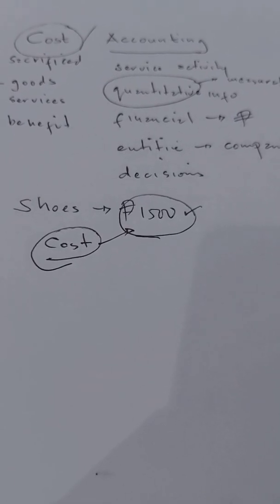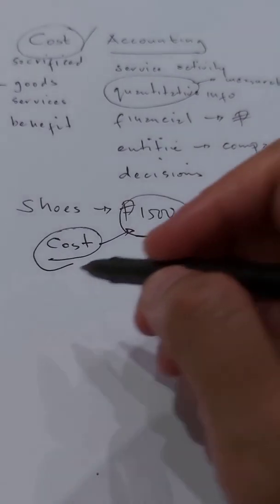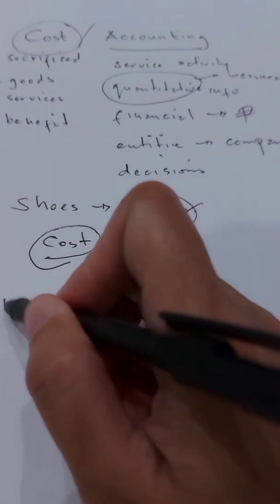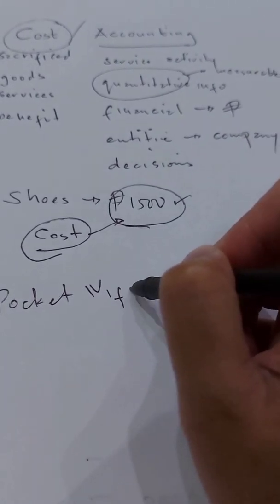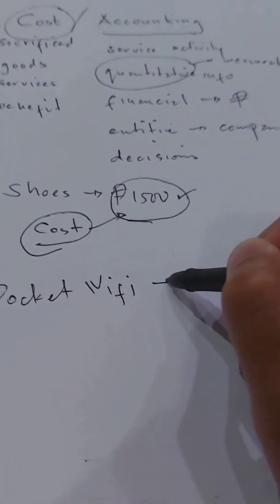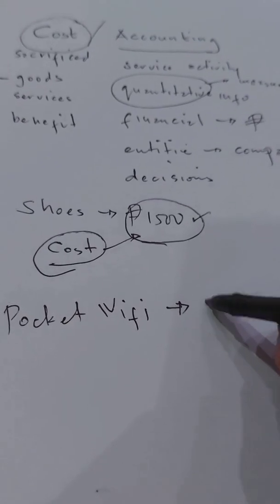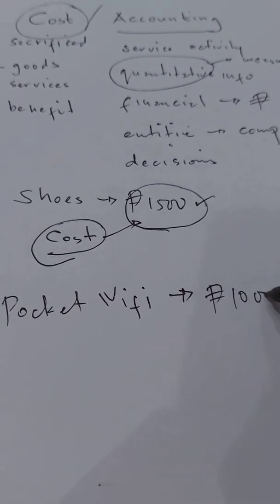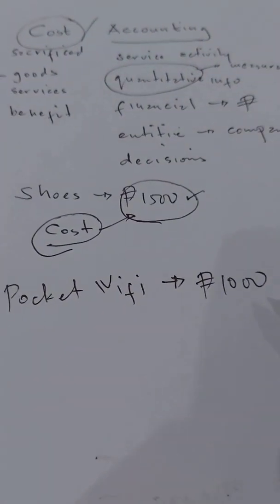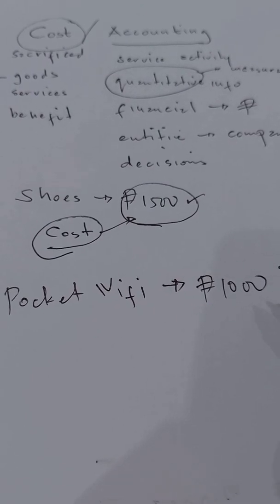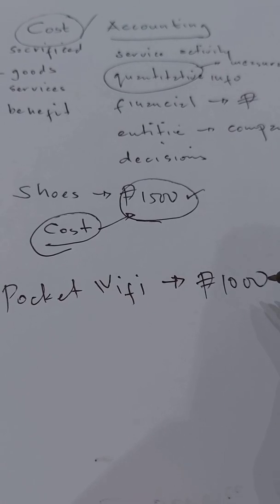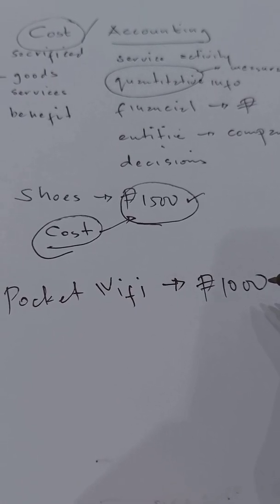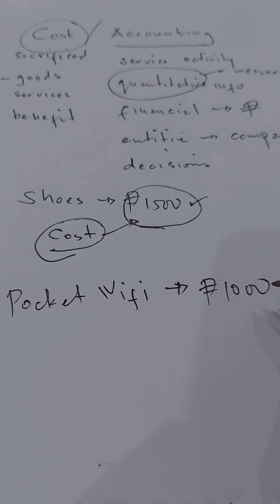Ngayon, nakita mo sa barter, mayroong nagbabarter ng packet wifi, brand new din daw. Ang sabi niya, ang packet wifi niya ay nagkakahalaga ng 1,000. Okay. At nakita mo yung nag-post nung packet wifi, ang prefer niya ay brand new shoes.